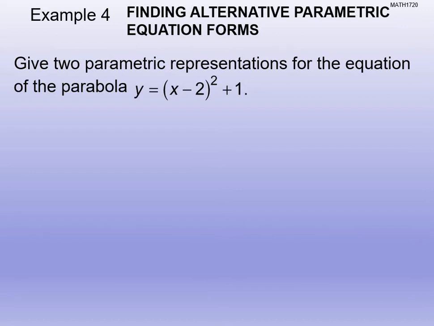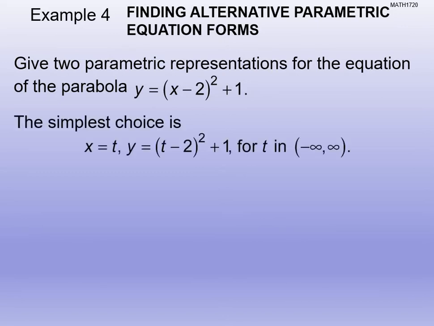Now I'm giving you the rectangular version, and we have to find the parametric equation. So we need to find an x equals a function of t and a y equals a function of t for us to be able to do this.